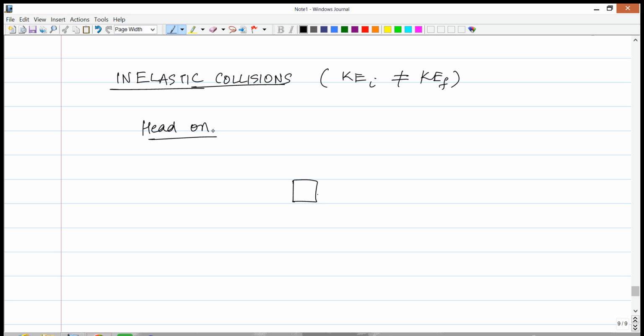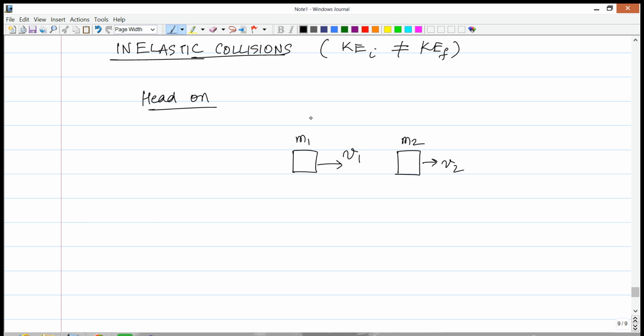So if I have a block of mass m1 moving to the right with speed v1, and another block of mass m2 also moving to the right with speed v2, or it could be moving to the left, doesn't matter, and let's assume v1 is greater than v2, and they collide, and after the collision they both continue to move in the same direction. Let's say that after the collision, m1 is moving in this direction with v1f, and m2 on the other hand is moving in this direction with, say, v2f.